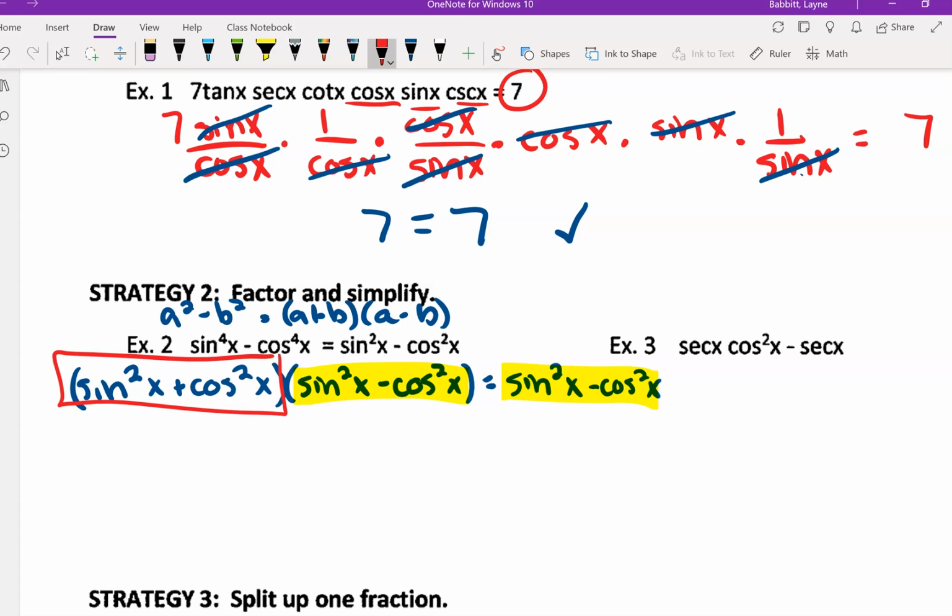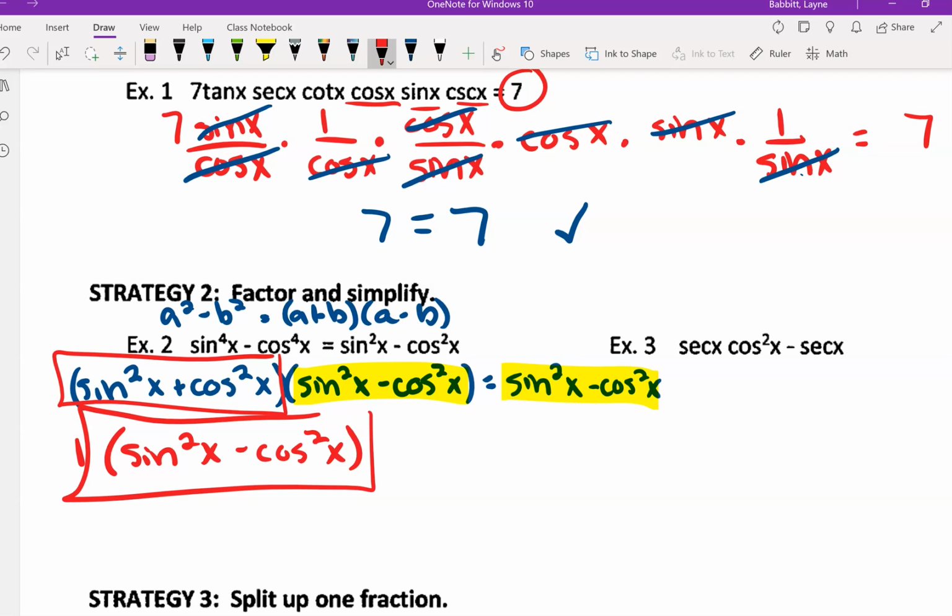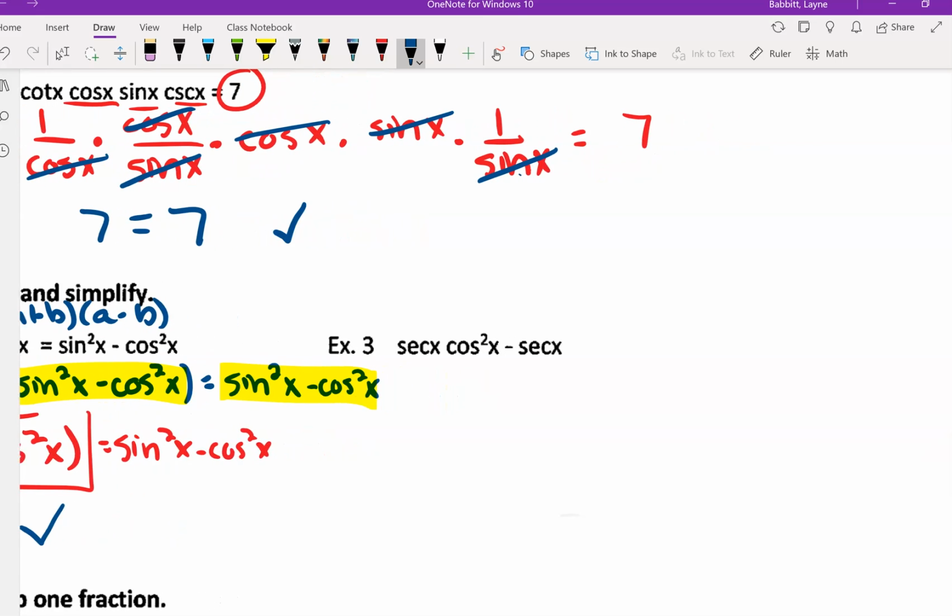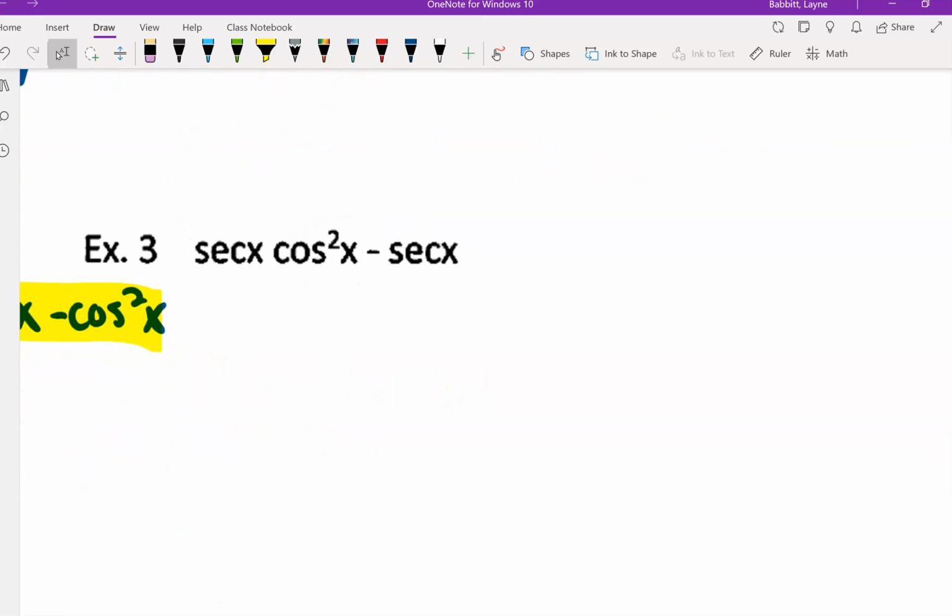That's our Pythagorean identity, which you might remember, or hopefully you remember, that equals just 1. All right, now the left side of the equation equals the right side of the equation. So we're done. Moving on to the next one.